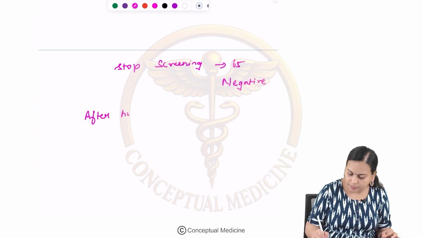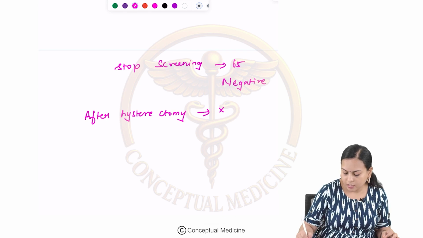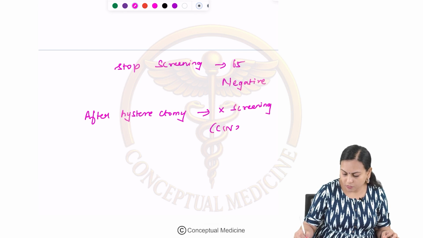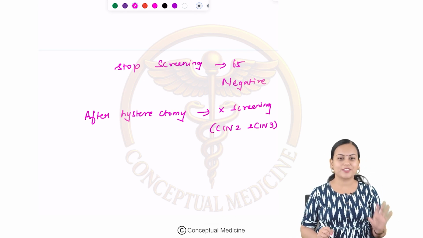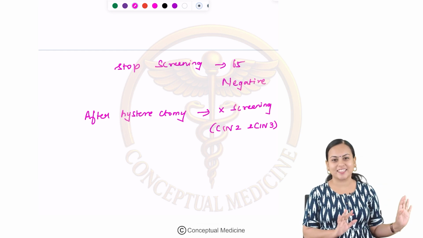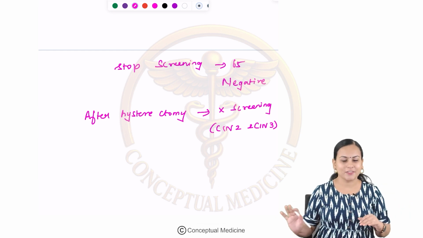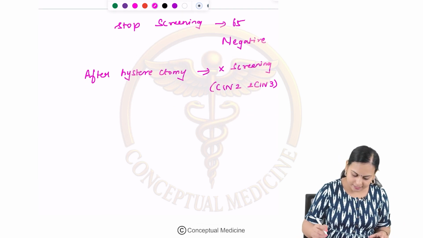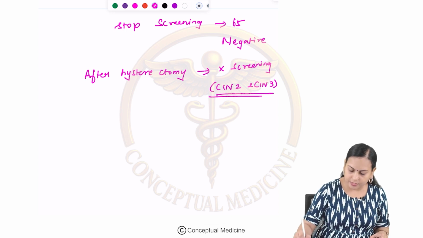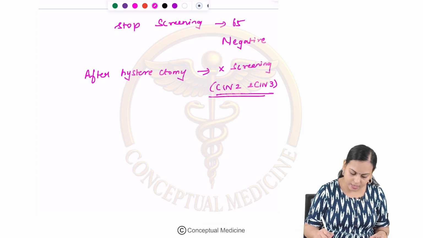After hysterectomy, there is no need for screening, except for CIN2 and CIN3, where you have to continue. That means for CIN1, you are not going to do screening. For CIN2 and 3, you are going to continue screening, even if hysterectomy is done. Clear? And you have to continue screening even if these people are treated also.